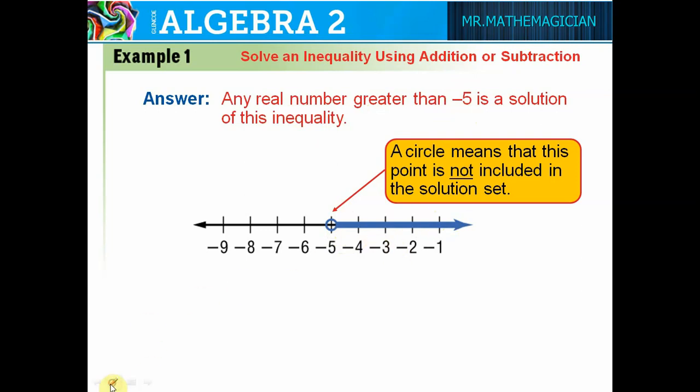Another way to express the solution set: open at negative 5 going to infinity. The open interval from negative 5 to infinity means all real numbers bigger than negative 5.